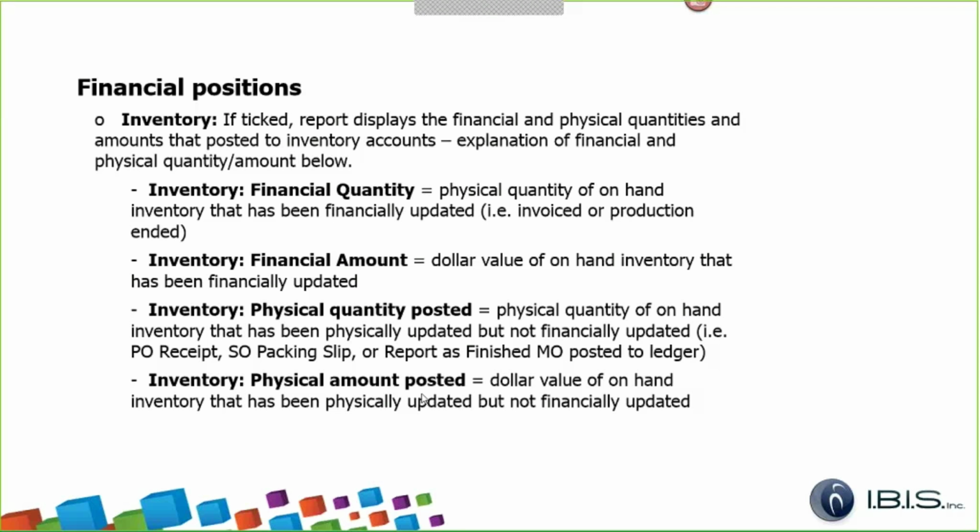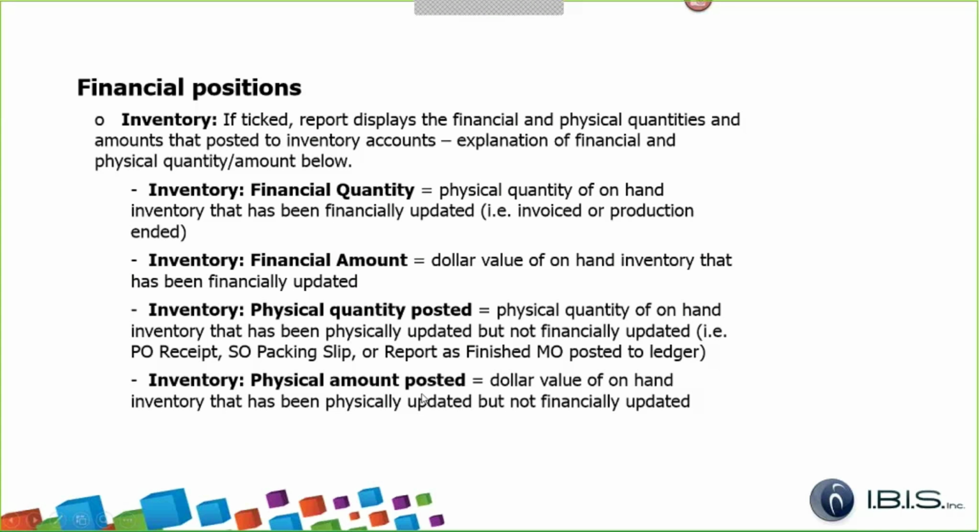Or if it's a manufacturing order, production has ended on that manufacturing order and it has been financially settled. So that's what financial quantity means. Financial amount is the dollar value of on-hand inventory that has been financially updated or financially settled.